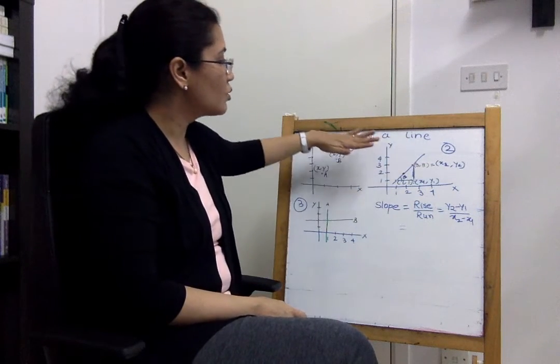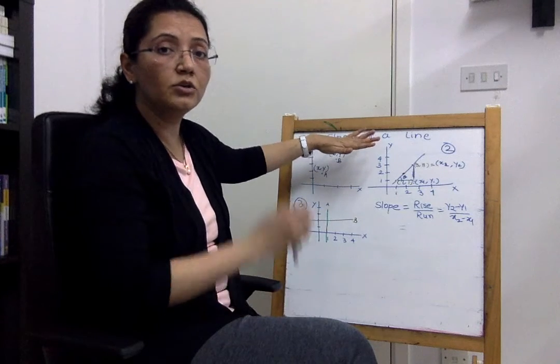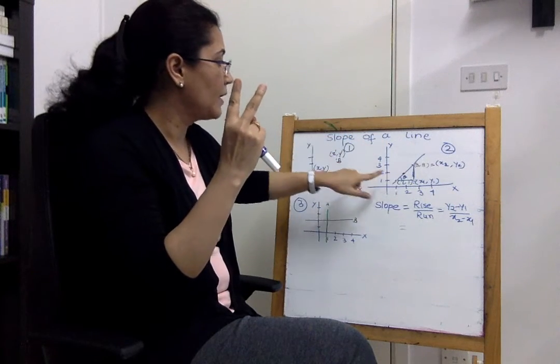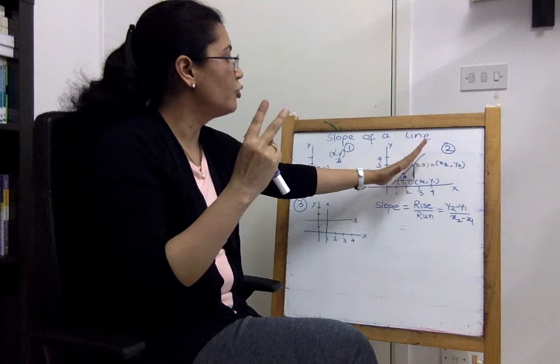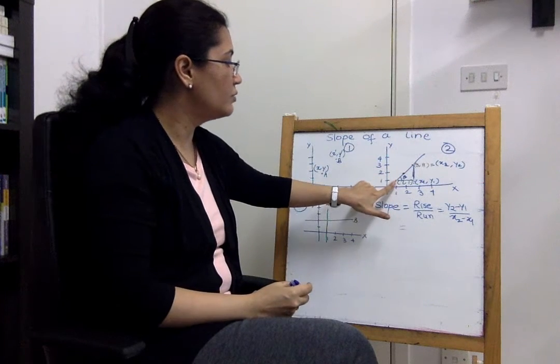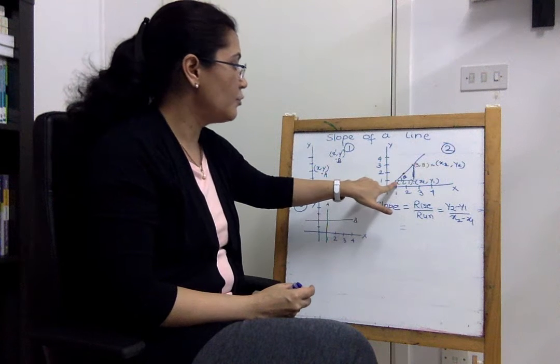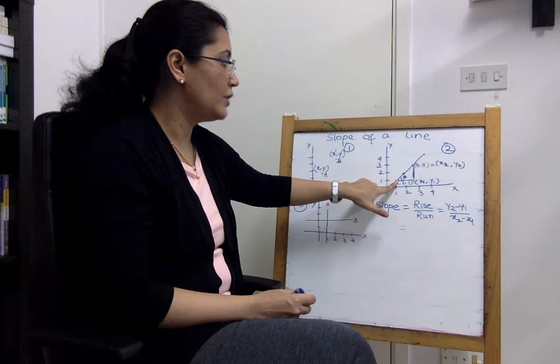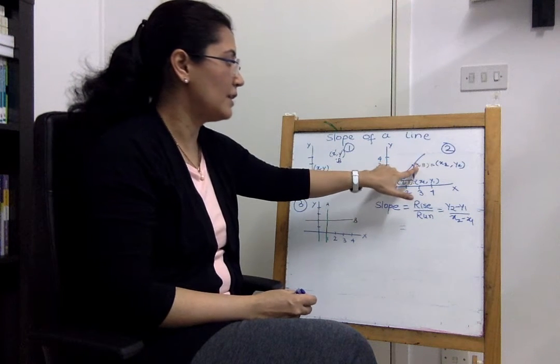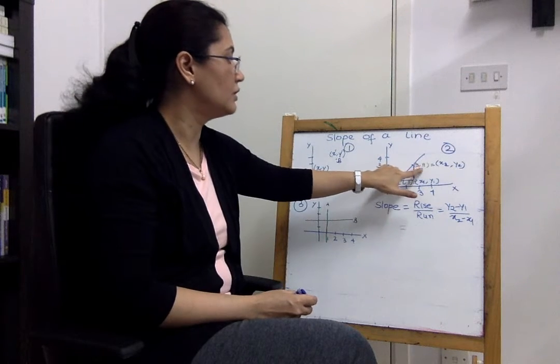To find the slope of a line, we need two points first. If we want to find the slope of this line, we need to identify 2 points on this line. Suppose I identified the first point, which is (1, 1), and the second point, which is (3, 3).